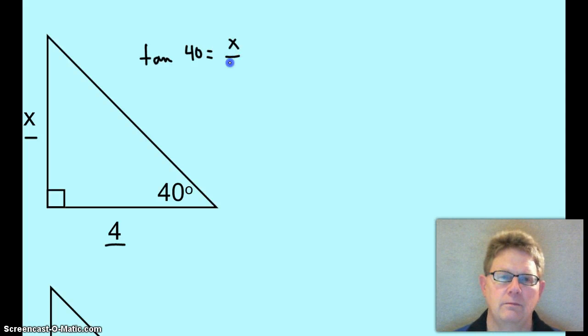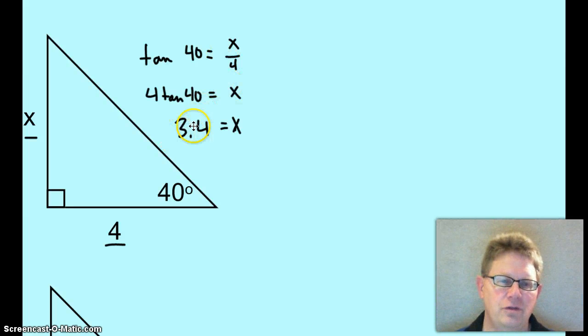So the tangent of that 40 degree angle equals x over 4. Cross multiply and we get 4 times the tangent of 40 degrees equals x. And then we can use a calculator to get that answer. Unfortunately, I don't have my calculator with me right now, so hold on a second.